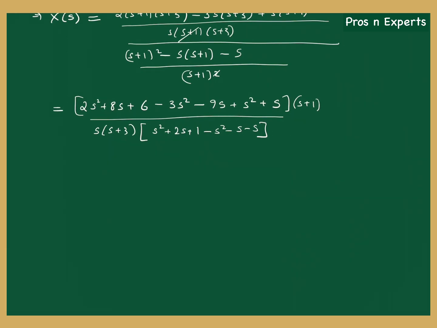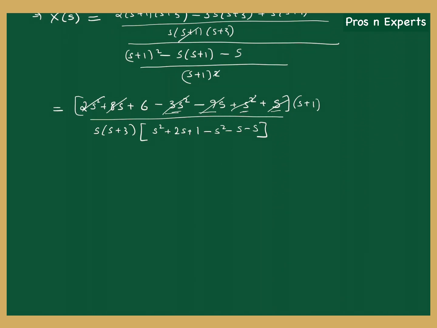Now this becomes minus 3s square plus s square, which means it is minus 2s square, and that can cancel. Then s minus 9s is minus 8s, that will cancel with 8s, and what is left here is 6.